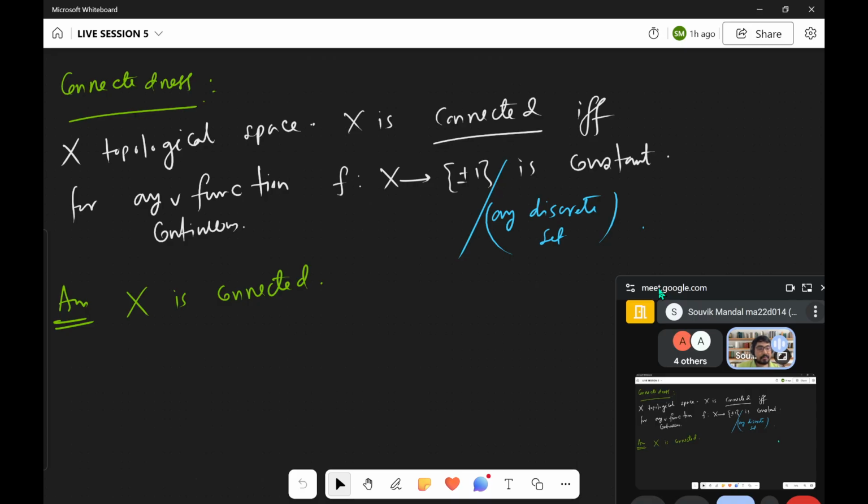Remember that in the last session we saw one thing, namely that the continuous image of a connected set is connected. You have to use that fact here. So please try to use that fact. Take your time.